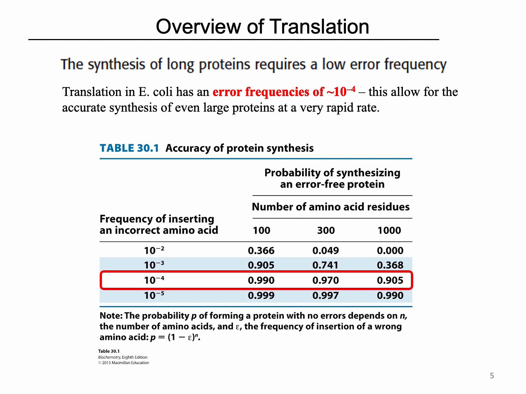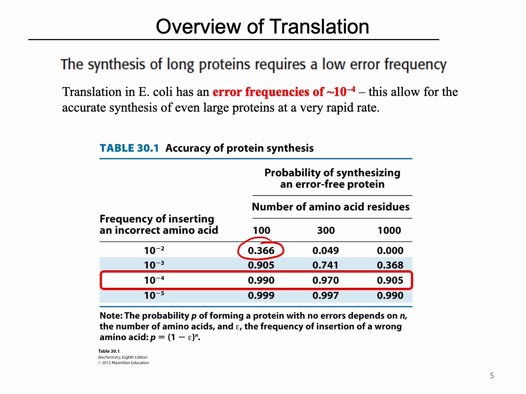sequences of proteins, right? And this chart I really like because it gives you an idea of the likelihood of making an error-free protein given different error frequencies. So 10 to the minus second, meaning 1 in 100, for a 100 amino acid protein, we only have like a 36% chance of getting it right.